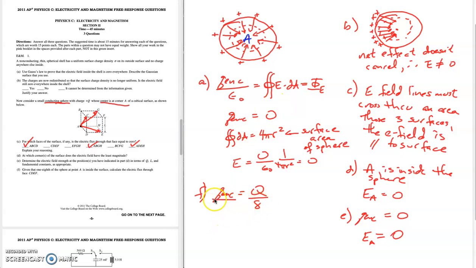So if we divide by epsilon naught, that is going to tell us the flux through all the rest of these surfaces. But then you have to keep in mind that out of the 6 surfaces, 3 of them have 0 flux. That means the other 3 each get 1/3 of the flux.